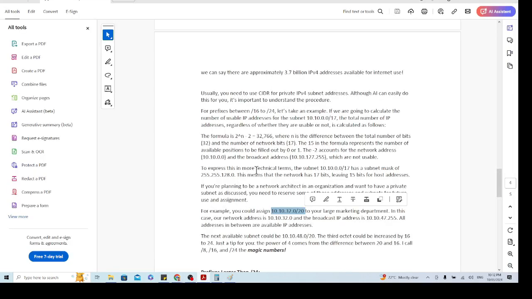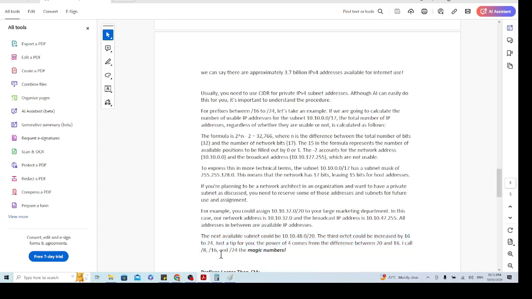All right. Okay, I told here as well the next available subnet could be 10.10.48.0/20. The third octet could be increased by 16, to 48. Just a tip for you, the power of 4 comes from the difference between /20 and /16.